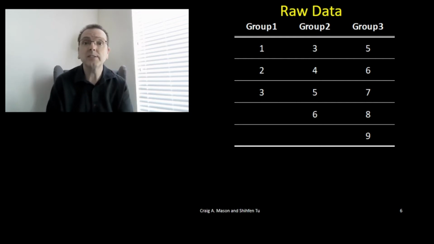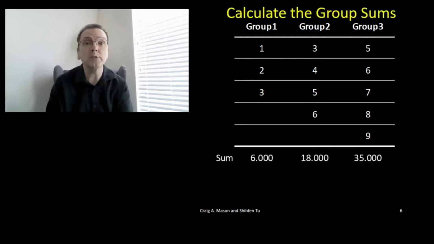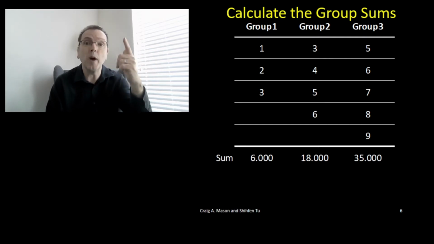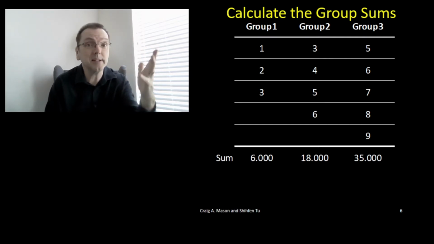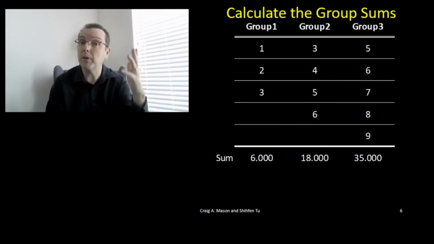So let's first sum up the values for each group. If we do that, we see 1 plus 2 plus 3 is 6, and 3 plus 4 plus 5 plus 6 is 18, and 5 plus 6 plus 7 plus 8 plus 9 is 35.